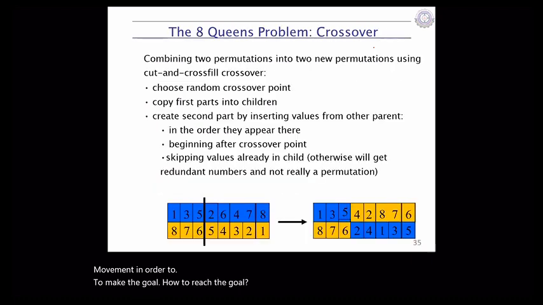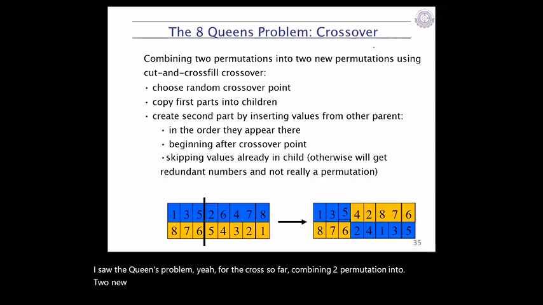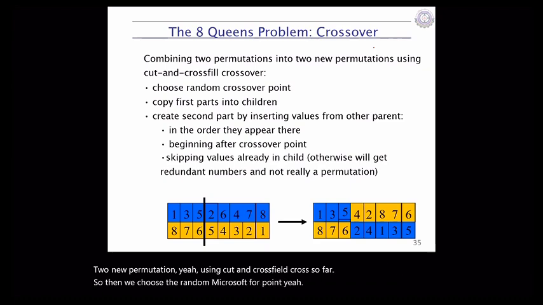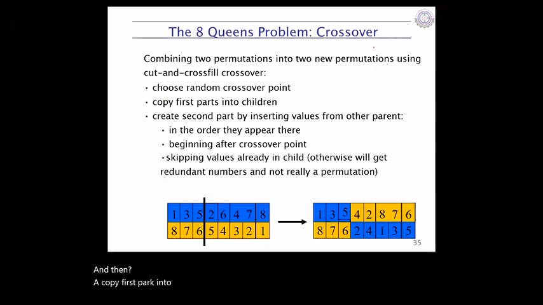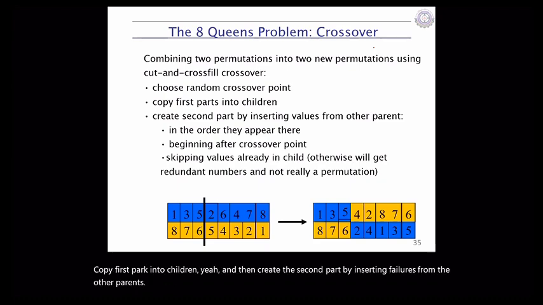For the crossover in the 8 queens problem, we combine 2 permutations into 2 new permutations using cut-and-crossfill crossover. We choose a random crossover point, copy the first part into the children, and then create the second part by inserting values from the other parent in the order they appear there.